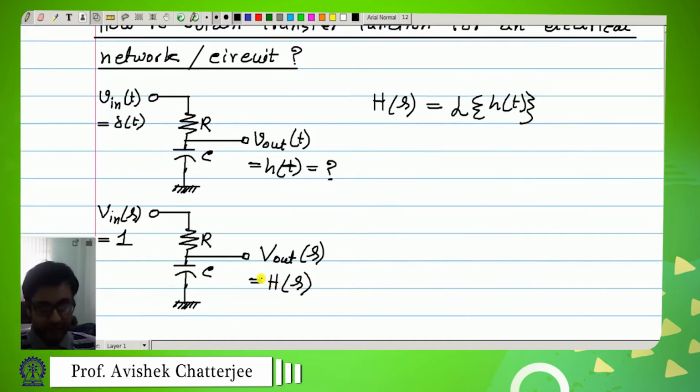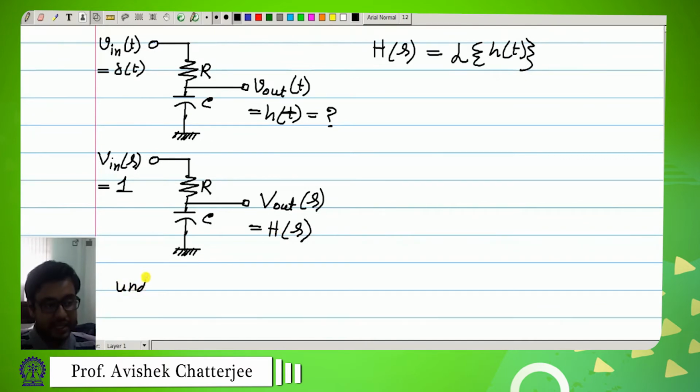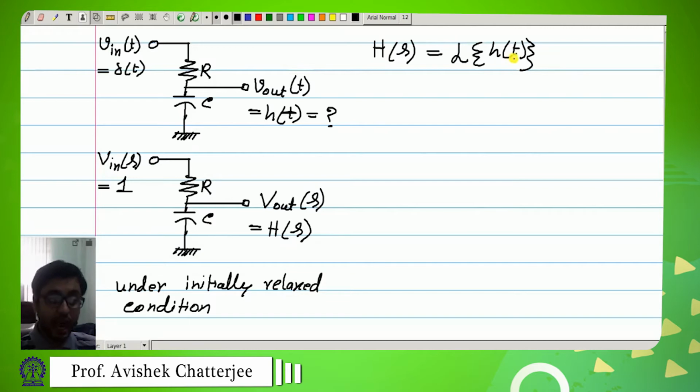And remember, this is done under initially relaxed condition, because that is the definition of h t. h t is the response of the system when the input is delta t under relaxed condition. That is the definition. Okay? And initially relaxed condition means what? Means this voltage is initially 0.